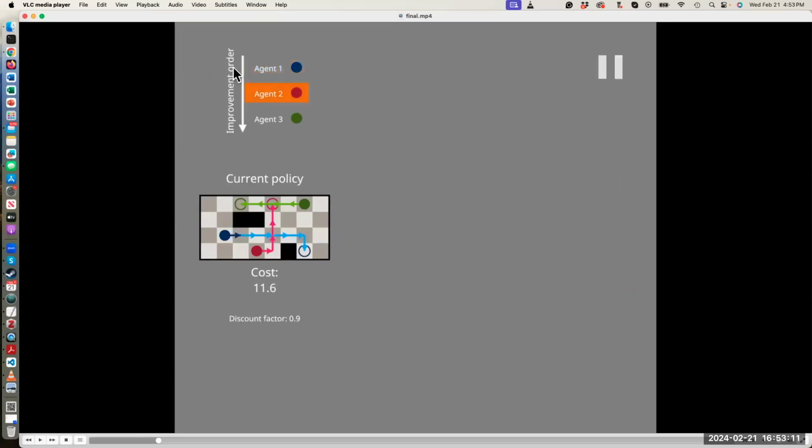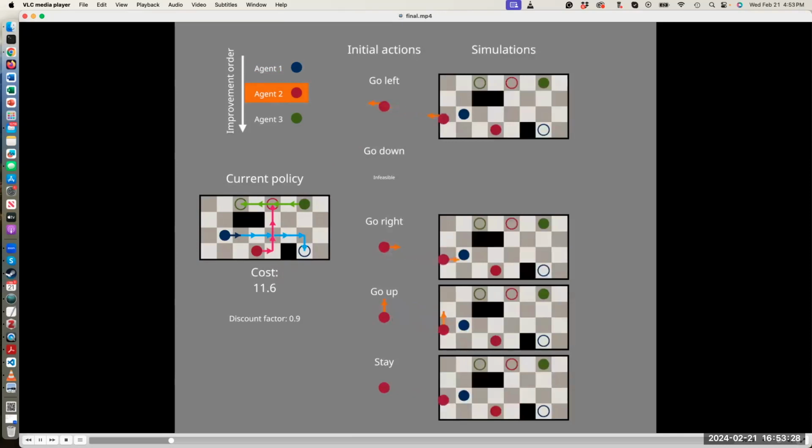And then we move on to the second agent and repeat the same procedure, although you notice that for the second agent, moving down is infeasible. So there are only 4 candidate controls to try at the present stage. After trying those 4 different actions, the tail portion is again constructed by the base heuristic.